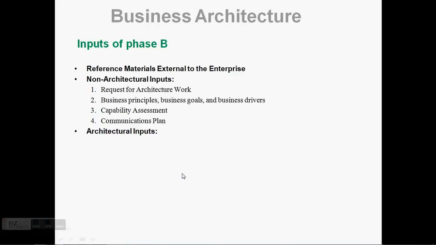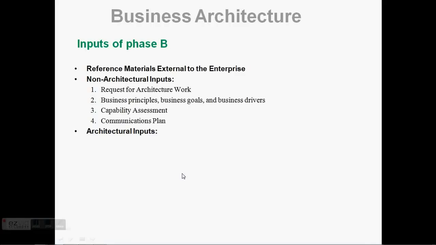Many factors that lie outside the consideration of the architectural discipline may nevertheless have significant implications for the way that architecture is developed.